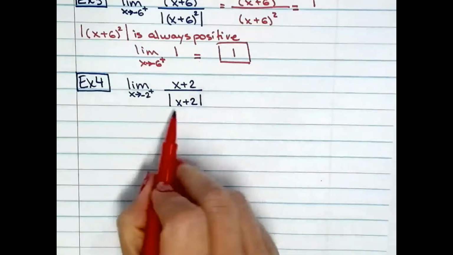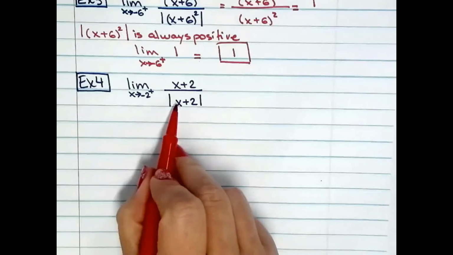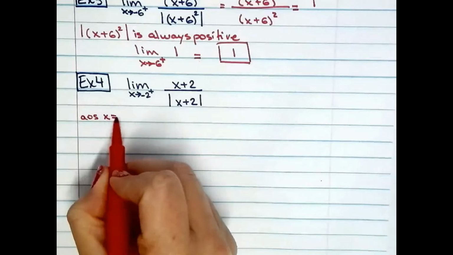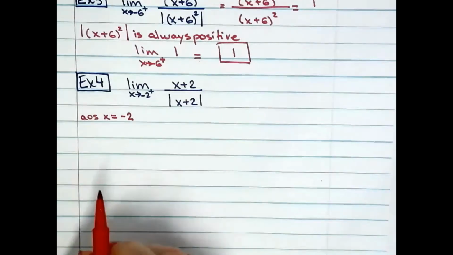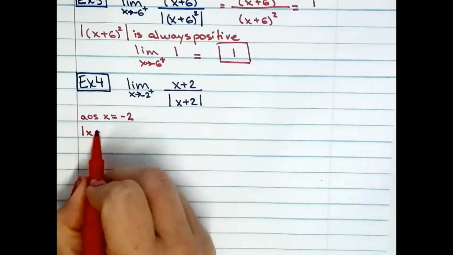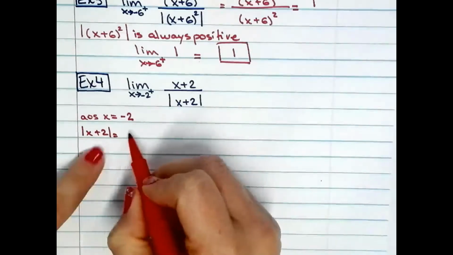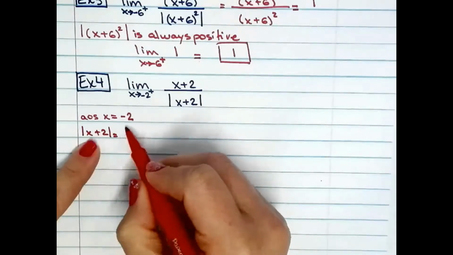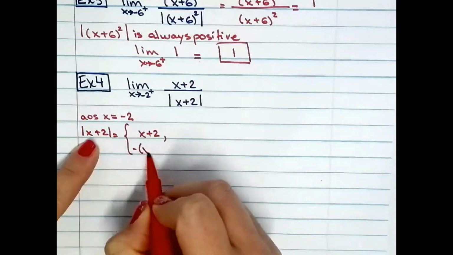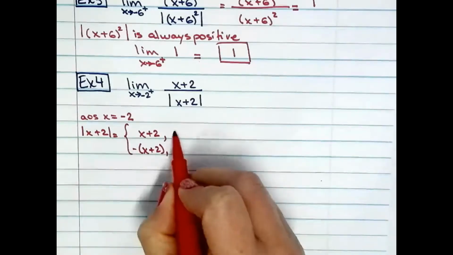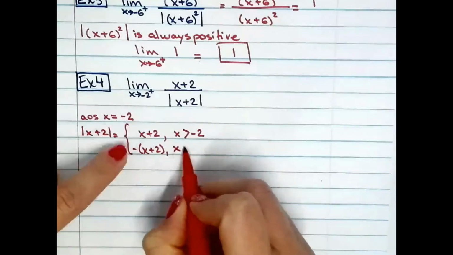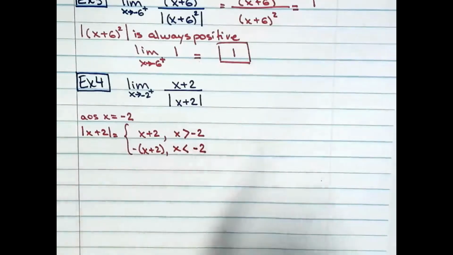right. Again, I will set it up so the axis of symmetry right here. So AOS is when x equals negative 2. All right, so I will write out the restriction over just the absolute value function. So I have x plus 2 and negative x plus 2 when x is greater than negative 2 and when x is less than negative 2.